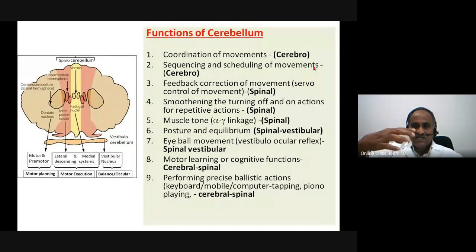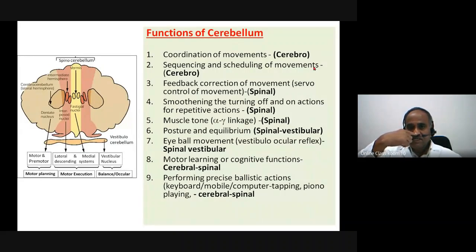It is scheduling, that means in a stepwise manner. At each step, it reaches the point. So that is the sequencing and scheduling of the movements, how they are going to happen. Then when I reach the nose here, suddenly in the case of the cerebellum, what makes it perfect to reach the target site?